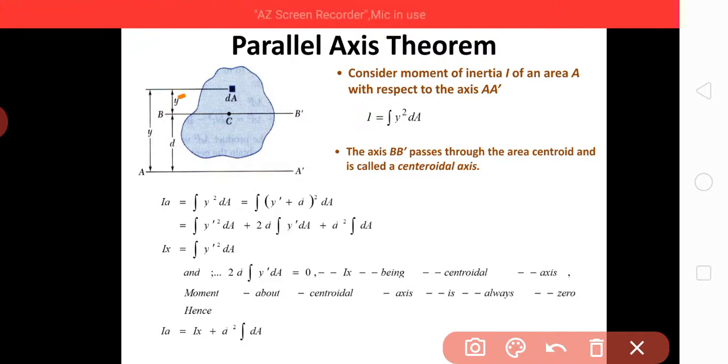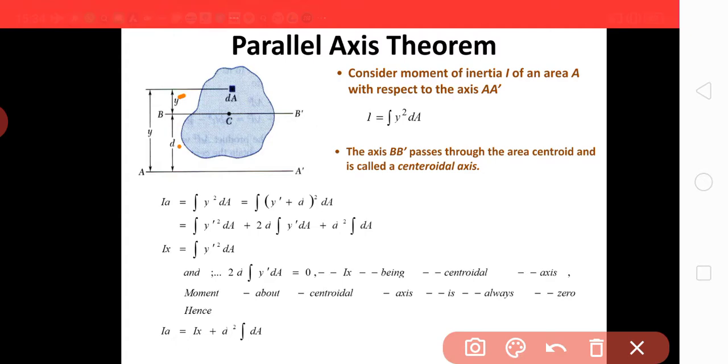This is y dash, this is a, so this is d. Y dash plus d whole square into dA. So integral y dash square dA plus 2d integral y dash dA plus d square integral dA.